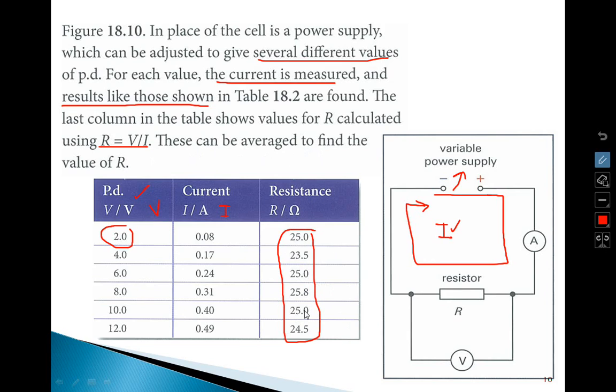So what we have here is an adjustable power supply. We put in different values of V, use the ammeter to measure the value of I, and put a voltmeter to measure the value of V. Then we find the value of R from the equation R equals V over I. At the end, we take the average value.